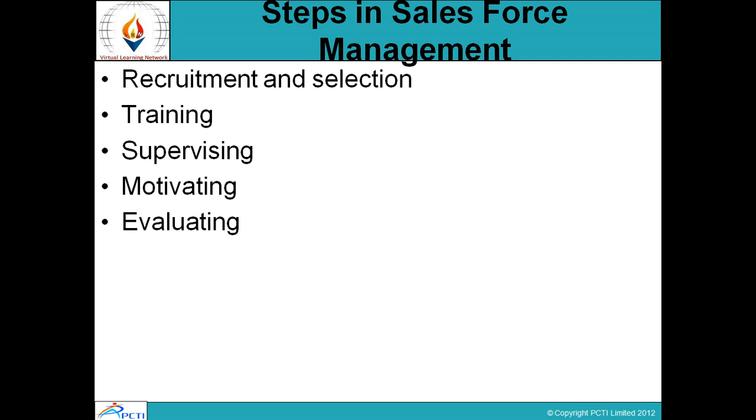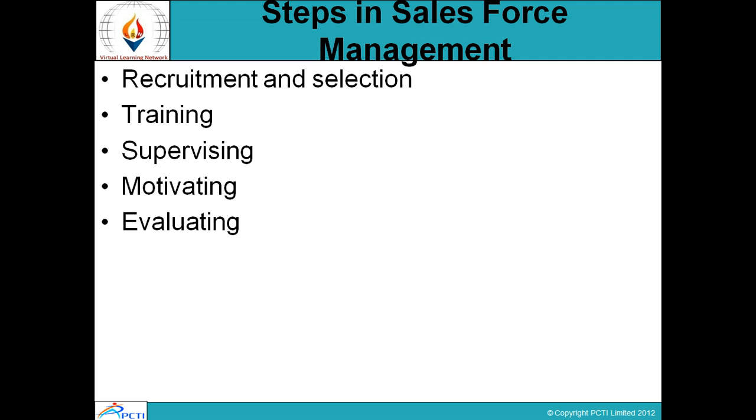There are different steps in sales force management. Sales force management focuses on 5 important points. First thing is recruitment and selection. Recruit the right potential, choose the right person for doing the potential jobs.